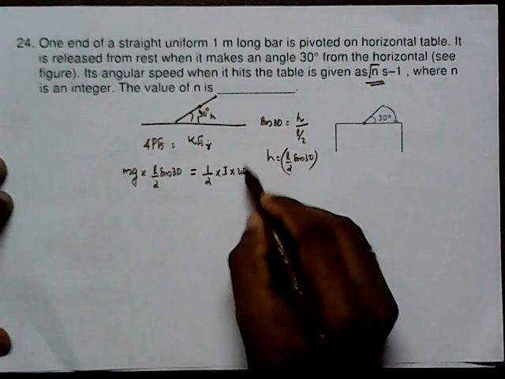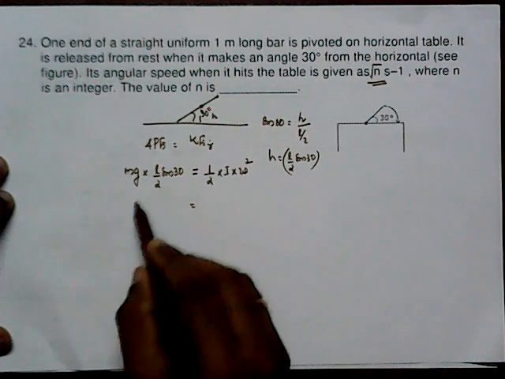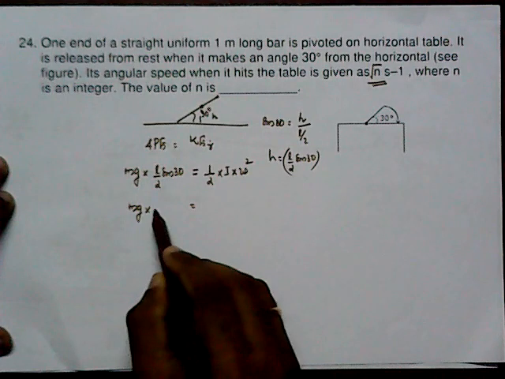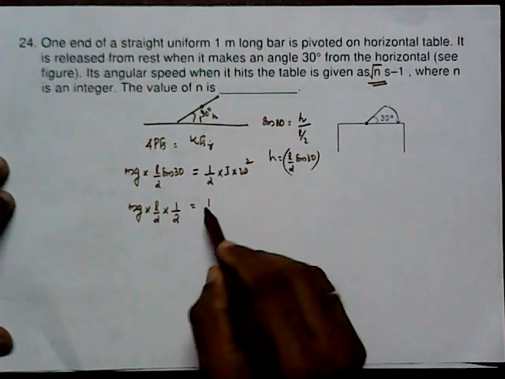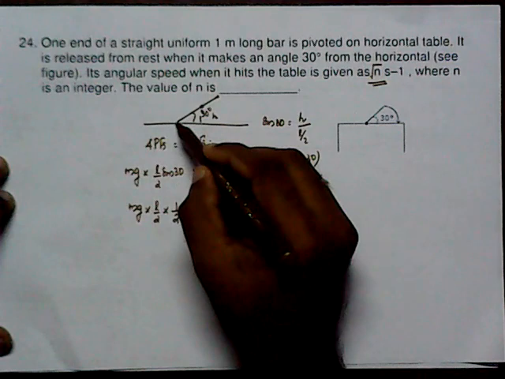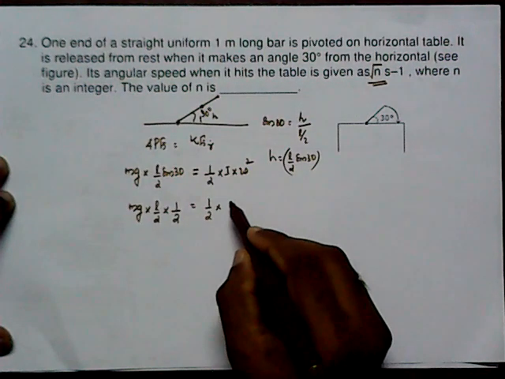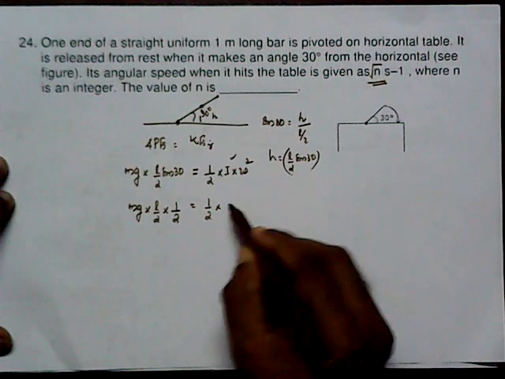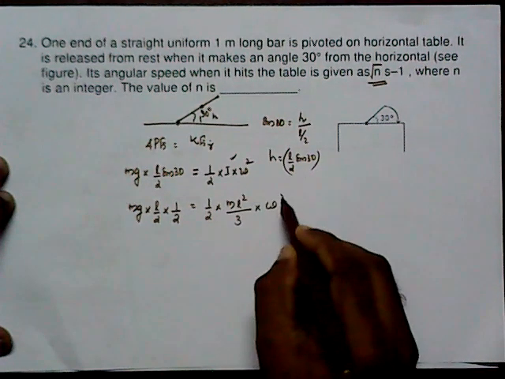So our aim is to find the value of omega. Keep in mind we can substitute sine 30 as 1 by 2, and half into the moment of inertia for rotation of the rod, I equal to m L square divided by 3, into omega square.